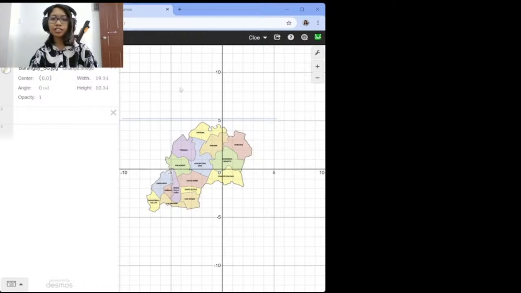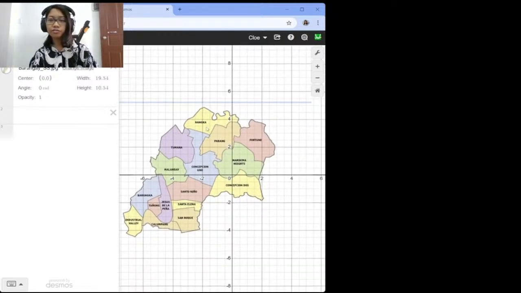Nangka is the barangay farthest to the north of Marikina City. Its center is about 2,152 meters north of Marikina City, which is our point of origin.